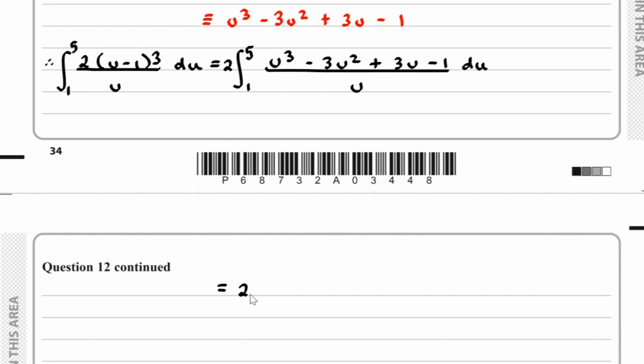So we've got 2 lots of the integral between 1 and 5, u cubed over u, that's u squared. Then we've got minus 3u plus 3 minus, well, here we've got minus 1 over u. And then we are integrating with respect to u.